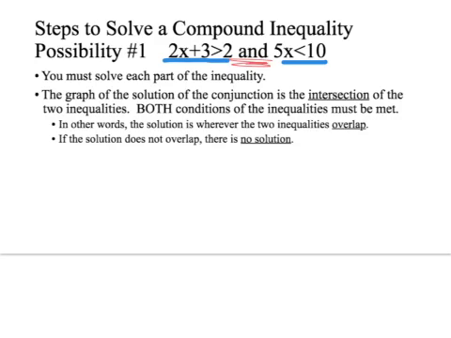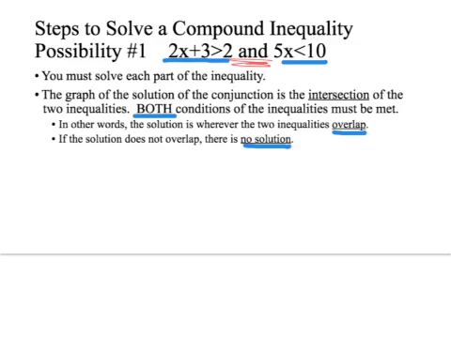Both inequalities must be met. In other words, the solution is wherever the two inequalities overlap on the graph. If the solution does not overlap, then there is no solution.